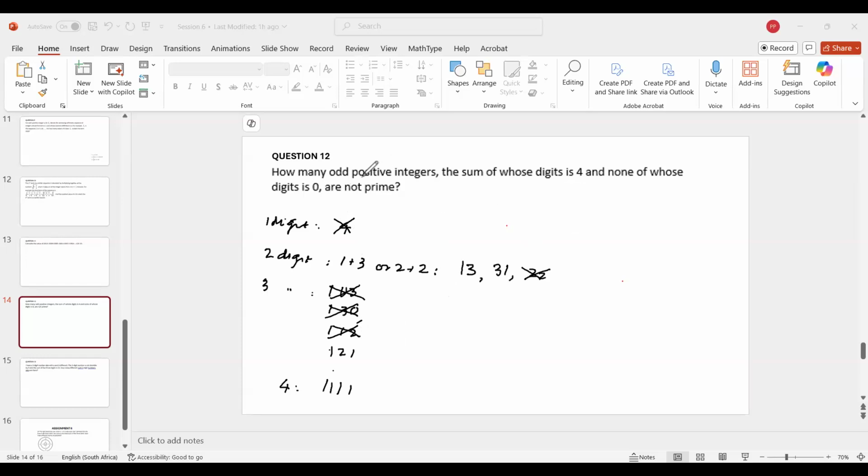We've knocked off the even ones and the ones with a 0 digit, but we also need them to be not prime. All right, so this number here is prime. So I'm allowed to put that in. 31 is also. Oh, no, wait a minute. I'm not allowed. They're not prime. So this must be taken out because it's a prime. That must be taken out.